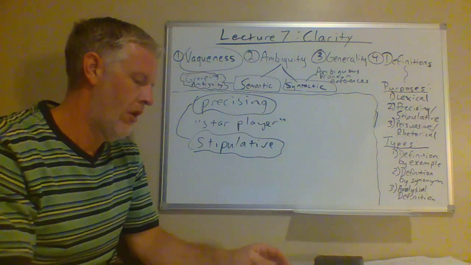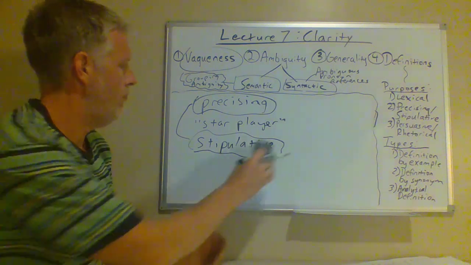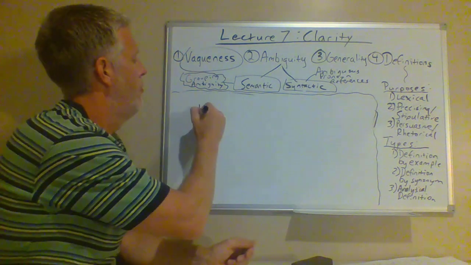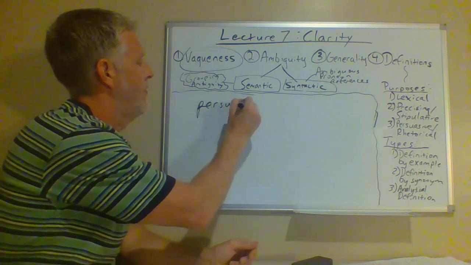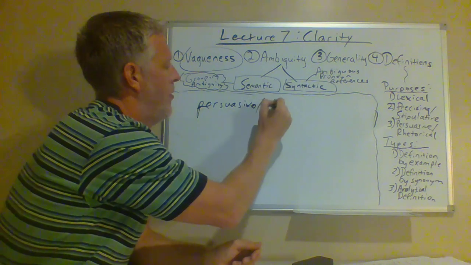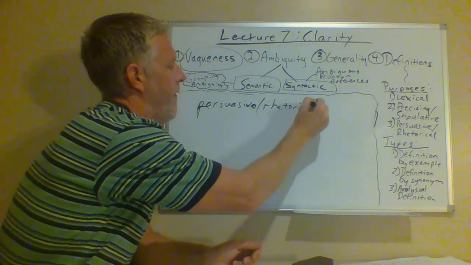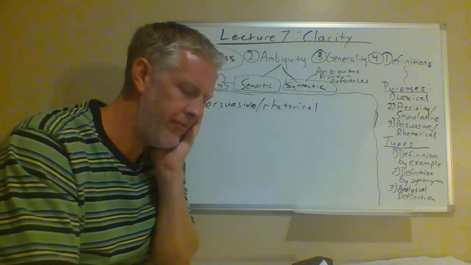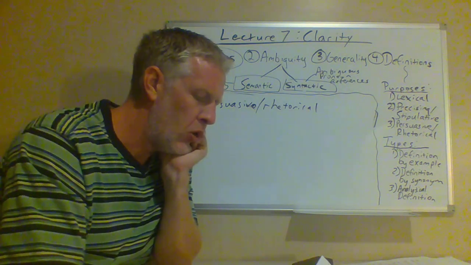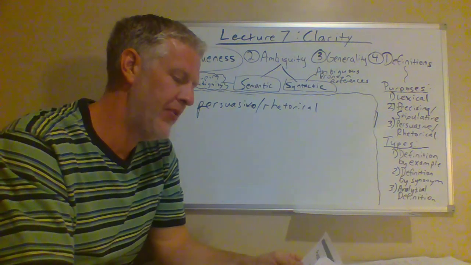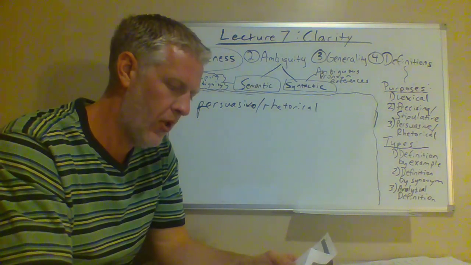Okay? And then finally, we have the third type, persuasive rhetorical definitions. Okay. So this is the top of slide 13. Persuasive rhetorical definitions, quote, are designed to influence beliefs or attitudes, not simply to convey linguistic information, end quote.